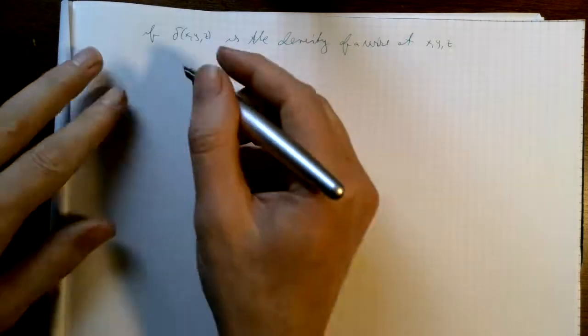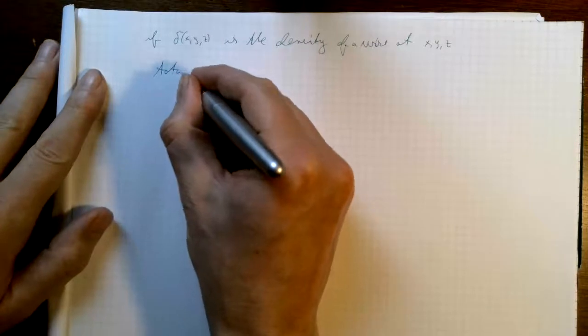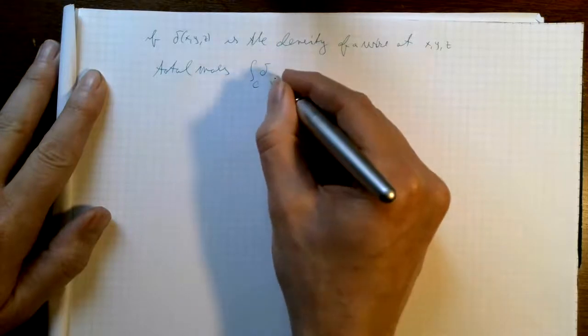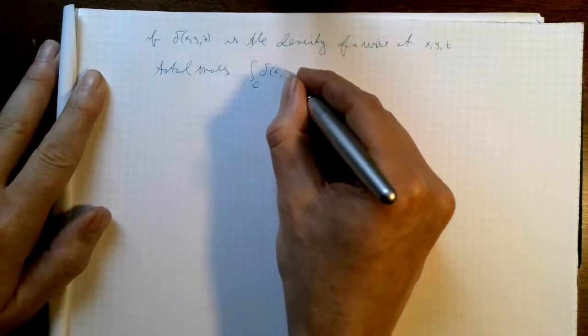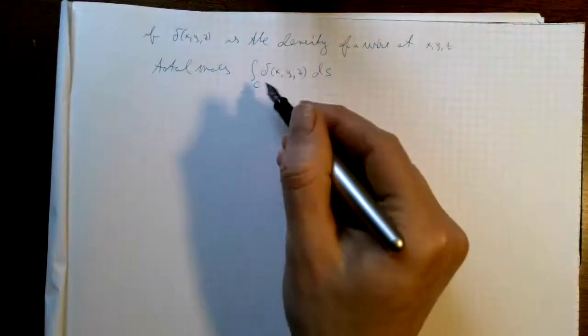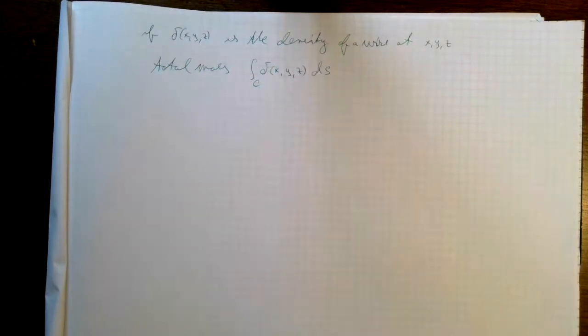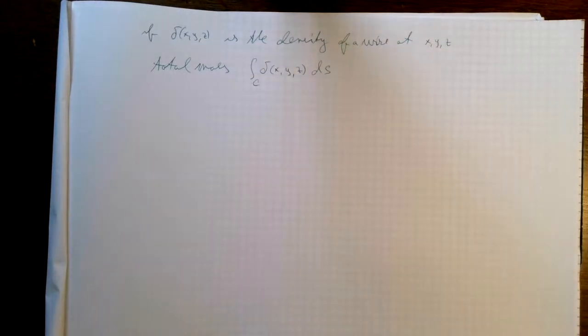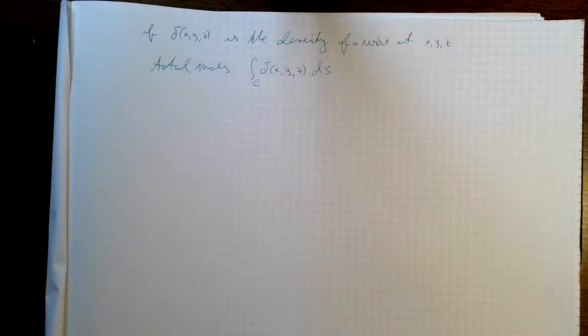Then the total mass is just the integral over the curve of the density ds. The density is in units of, let's say, mass per unit length. ds is in units of length, so this is now in units of mass. So that's how we know it is mass. It's the same thing as before: you integrate the density to get total mass.